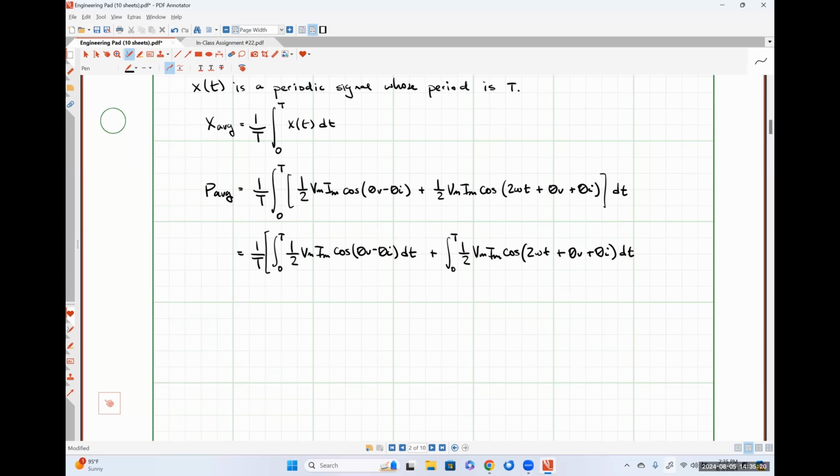Okay. And let me close that bracket. I want to focus on the right-hand integral first.